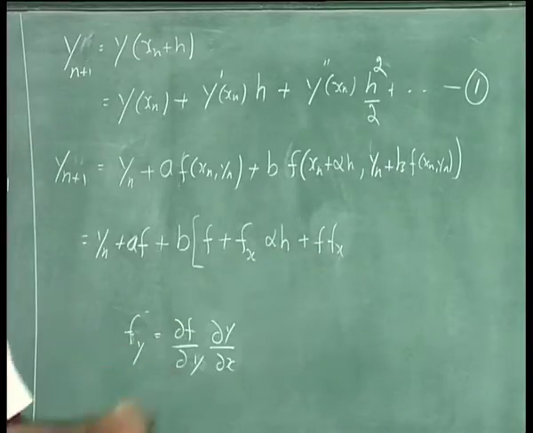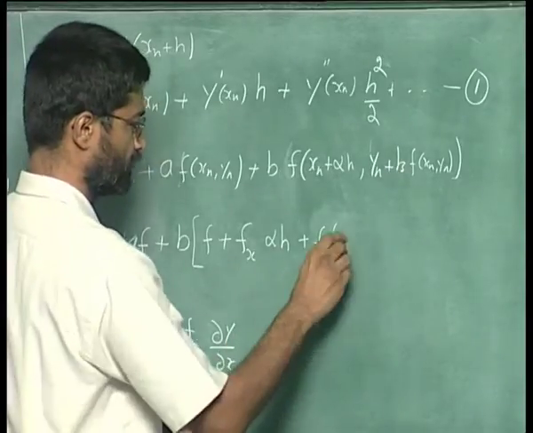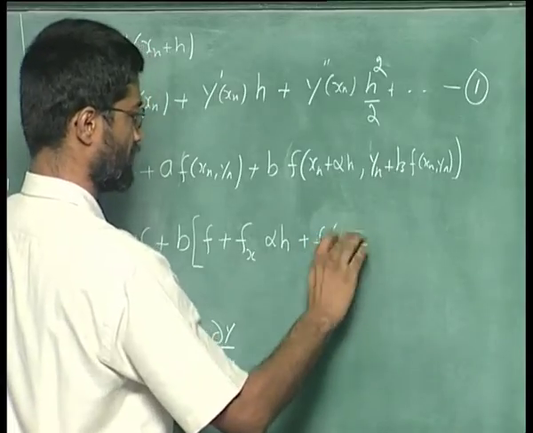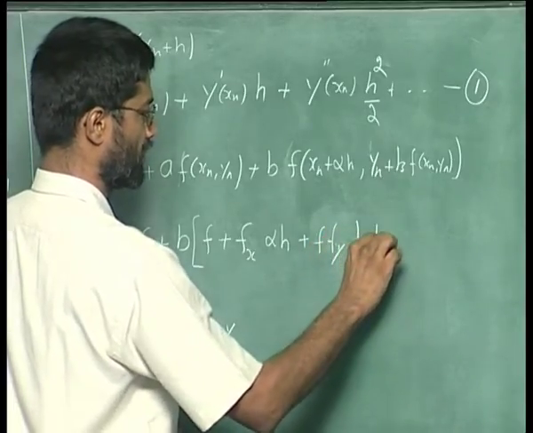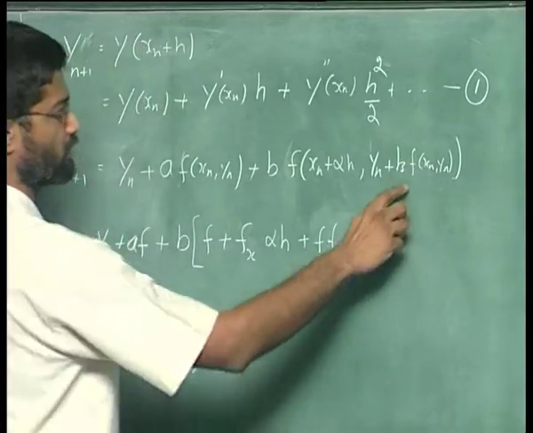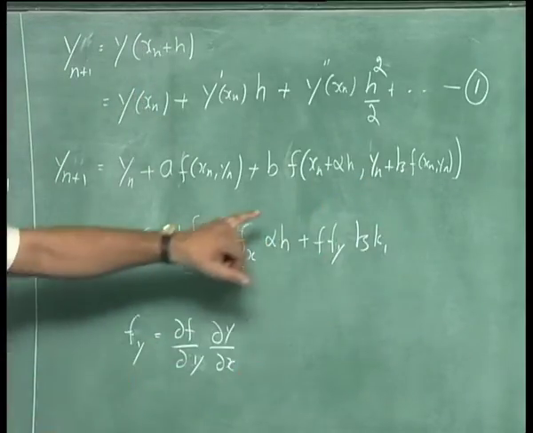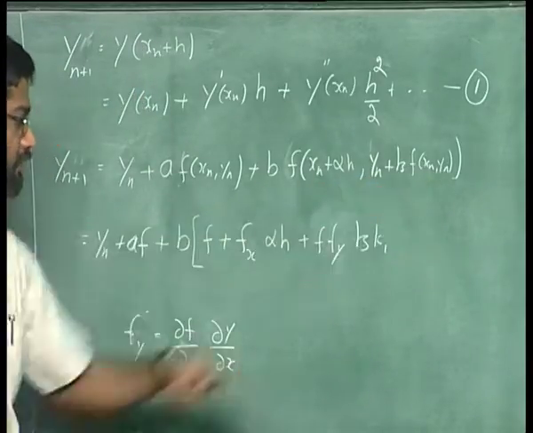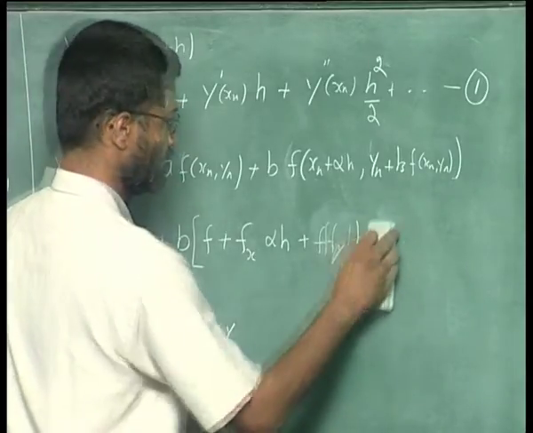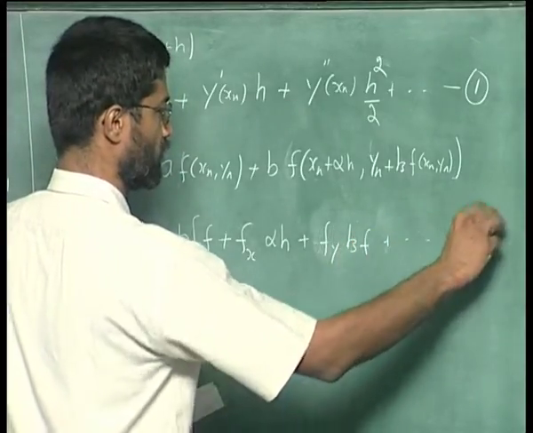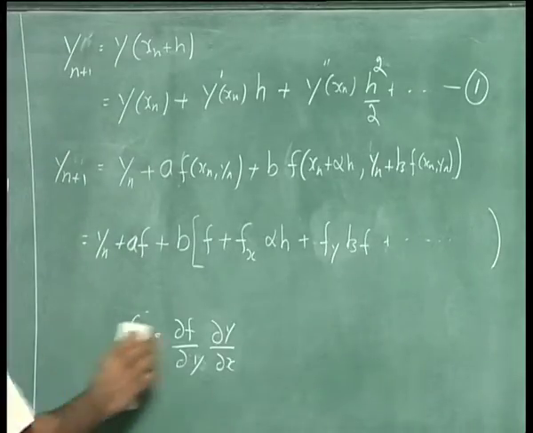That's what I am writing there. So that is f_y, plus, so that is into beta k1. Okay, so that's what I am expanding here. So k1 is f, so I just write it as beta f. So I could write these terms all in expansion like that.